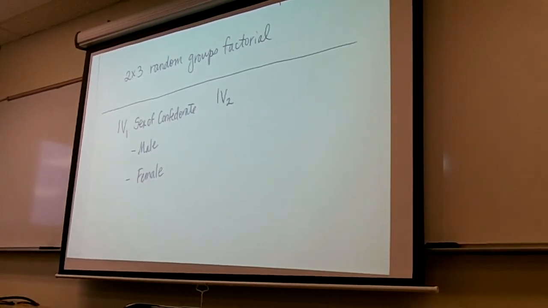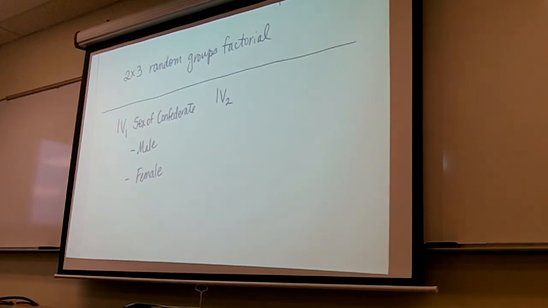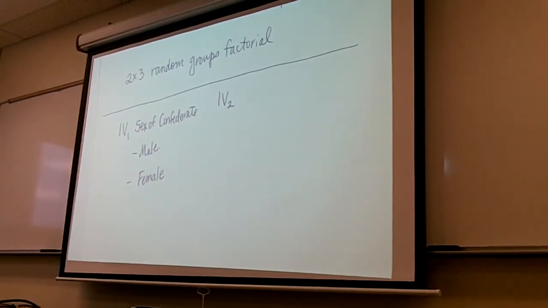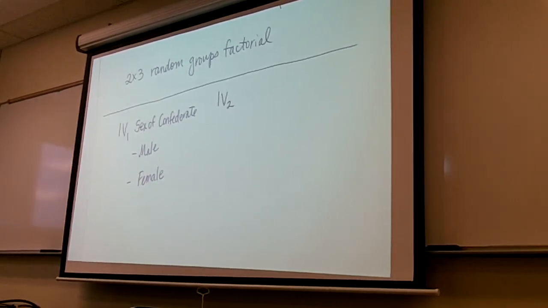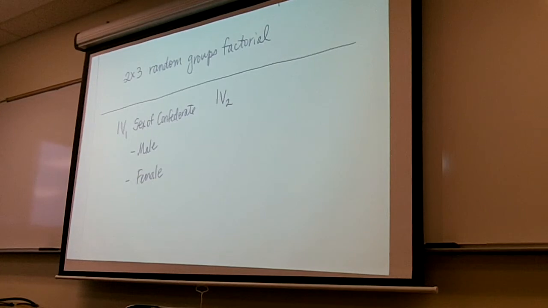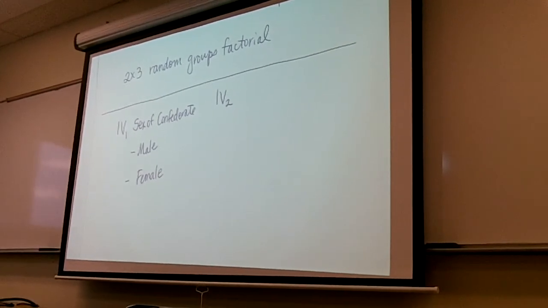let's read the description again. It says, participants were shown the results of 20 polygraph tests and asked to determine whether or not the person who provided the polygraph data was lying or telling the truth. A male confederate produced half of the polygraphs. A female confederate produced the other half.